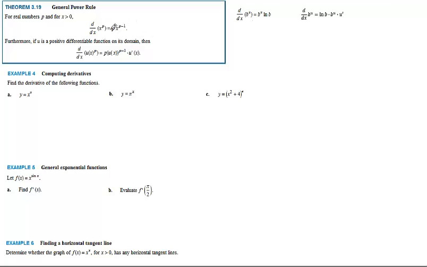We will just drop the power rule. We drop the power and subtract off 1. And this second part just extends it using the chain rule.